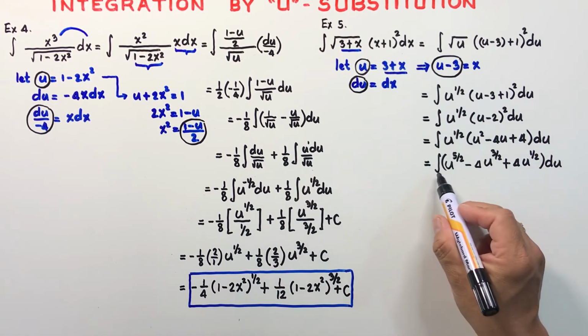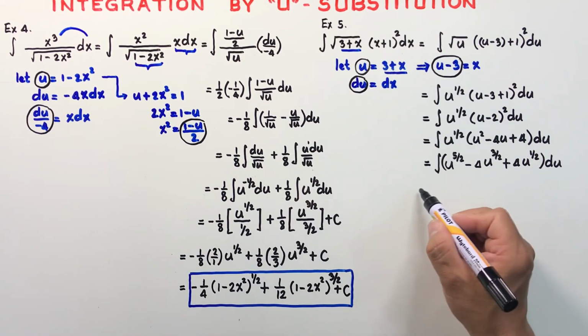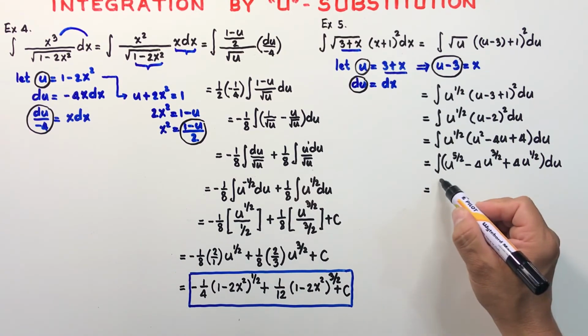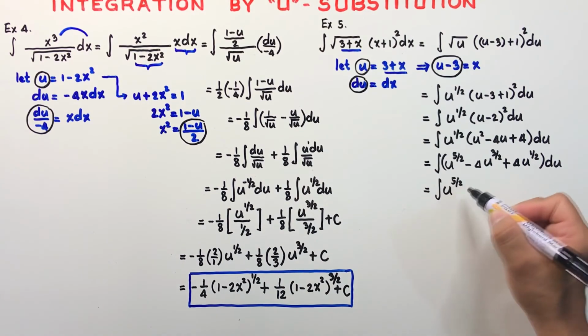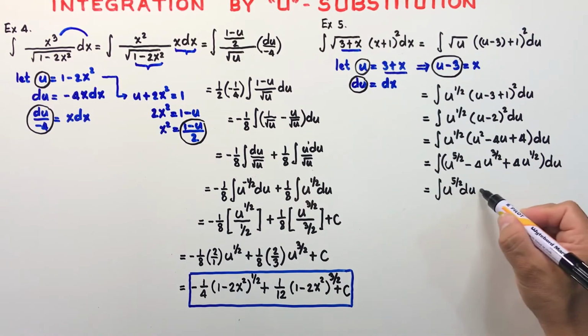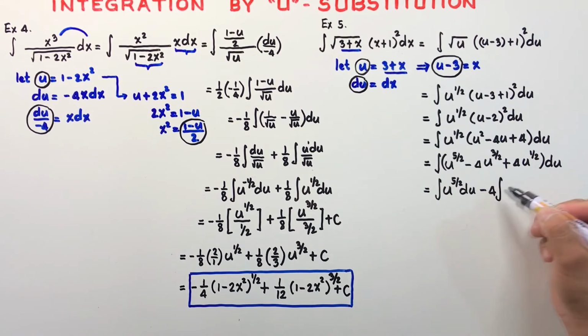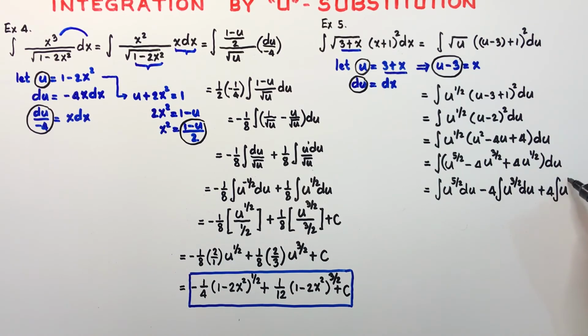So, applying the integral of the sum and difference of the terms, we have the integral of u to the power 5/2 du minus 4 times the integral of u to the power 3/2 du plus 4 times the integral of u to the power 1/2 du.